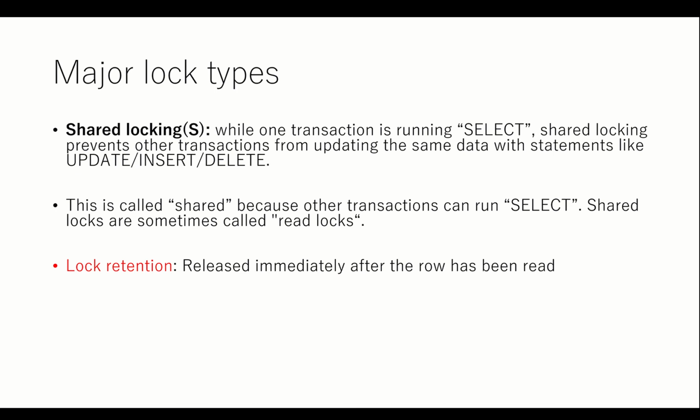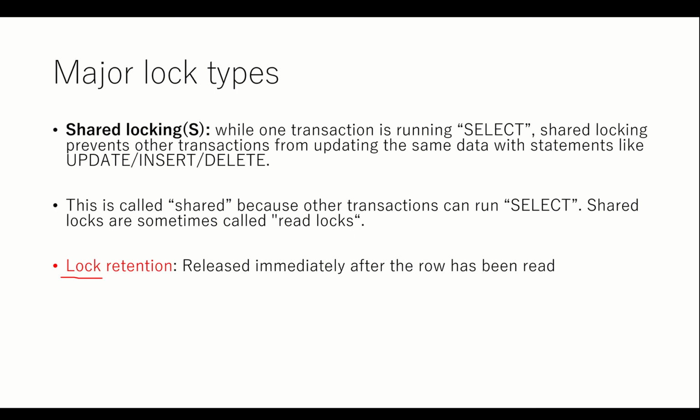This is called shared because other transactions can run select, one, two, or more than 100. If you have transactions using select, they can access it and get the data, and that's all. Since we do not update or touch the data, select statements are allowed in shared locking.